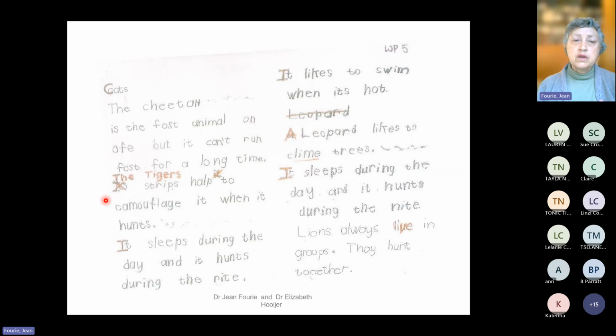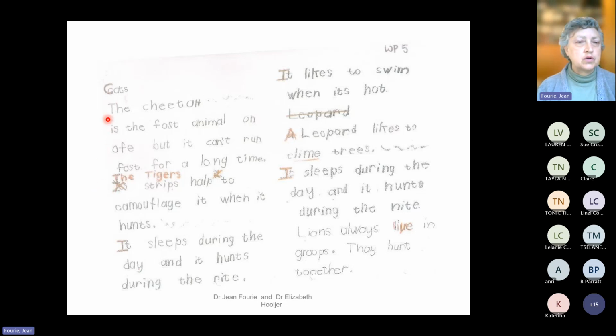Okay, now we're reading it together. And the next sentence says, its stripes help to camouflage. And the child thinks about this and says, no, no, no, this is not right, because cheetahs do not have stripes. So we can't say its stripes.